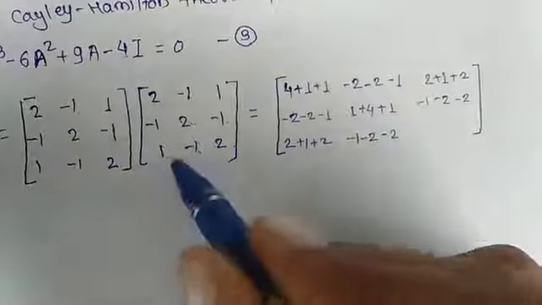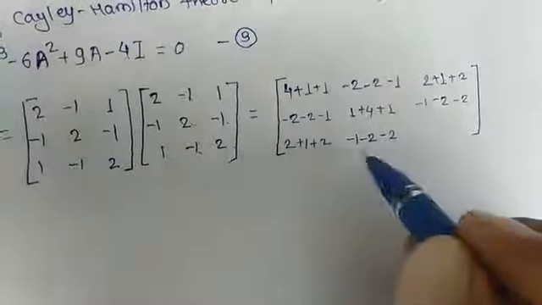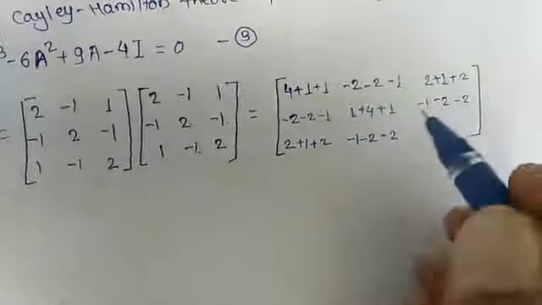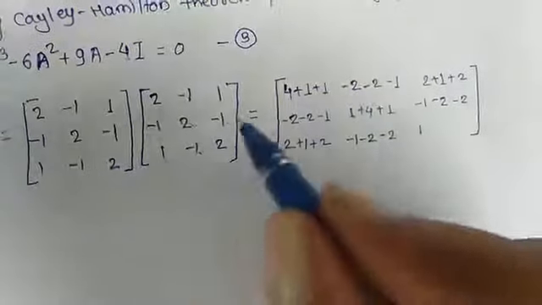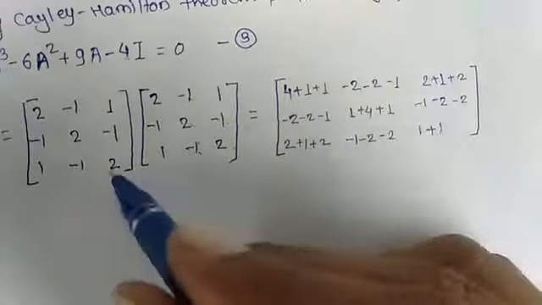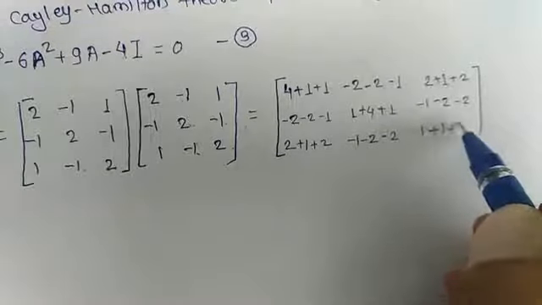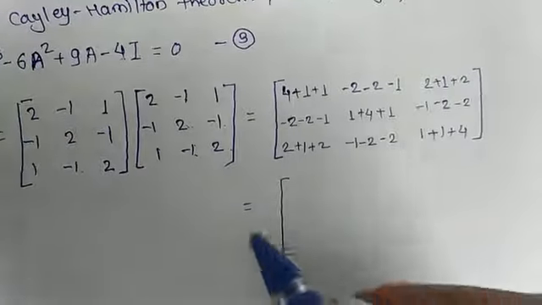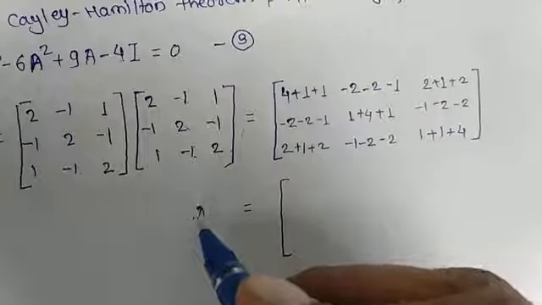Third row second column gives A32 position, and last row last column, 1 into 1 is 1, minus 1 into minus 1 is plus 1, 2 into 2 is 4.